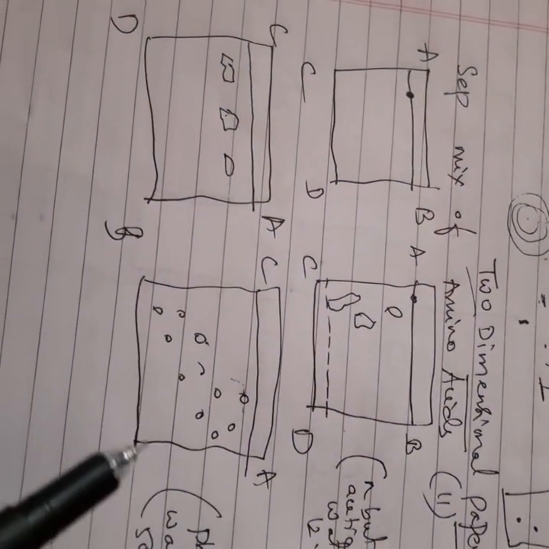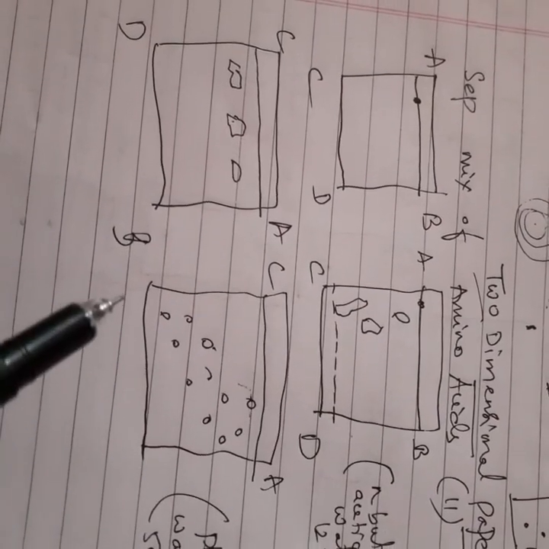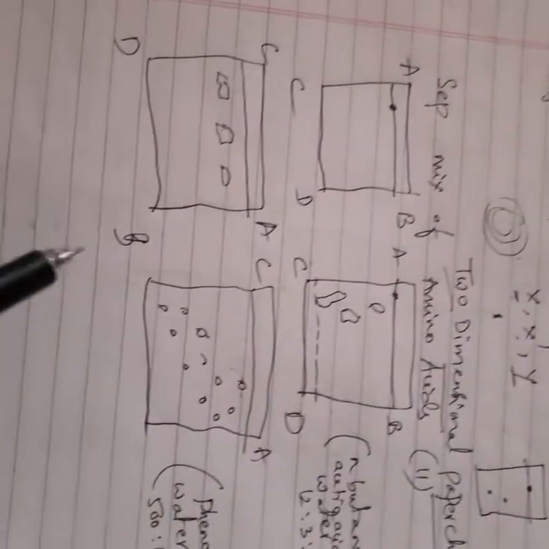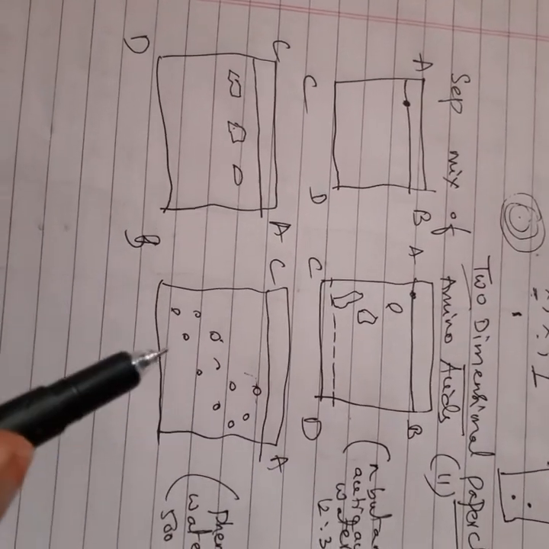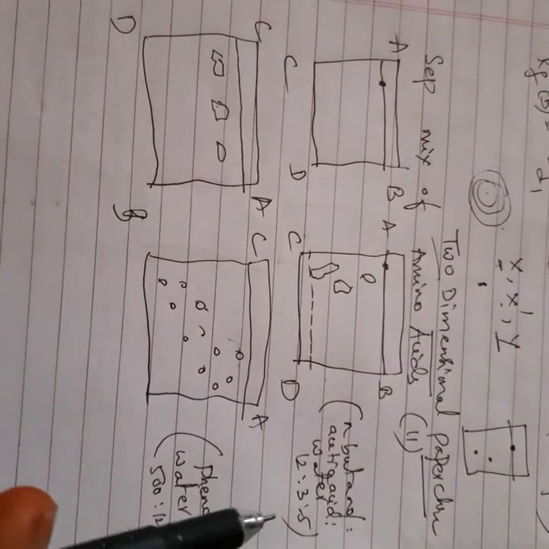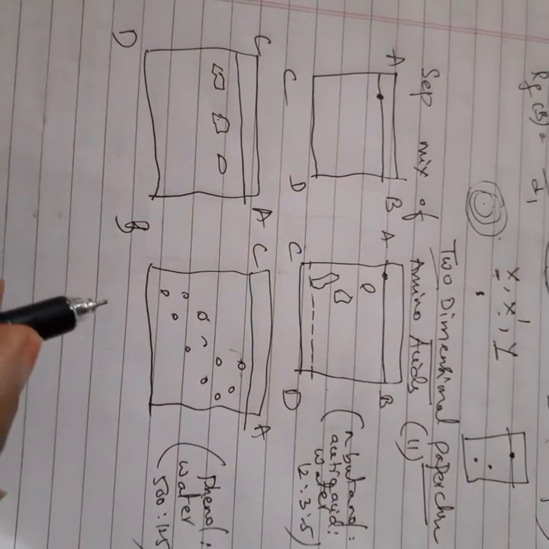So the 11 amino acids will appear in the form of 11 circles with 11 different RF values. That's why, whenever compounds have very close RF values, two-dimensional paper chromatography will give better results for us.